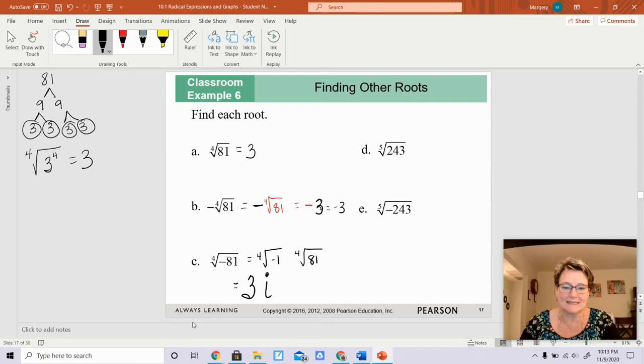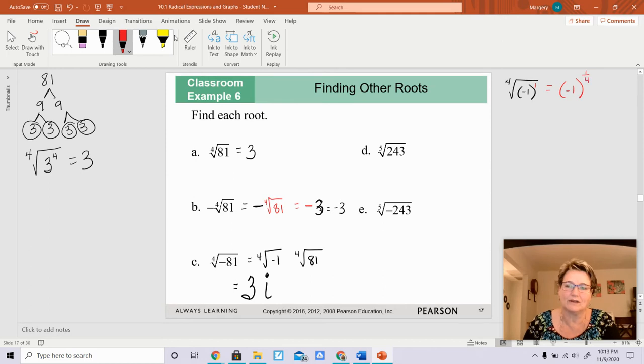However, it is basically when you have a fourth root of something like this, we don't see that there is an exponent on here. There's actually an exponent of 1. We can actually write this as -1 to the 1/4 power.